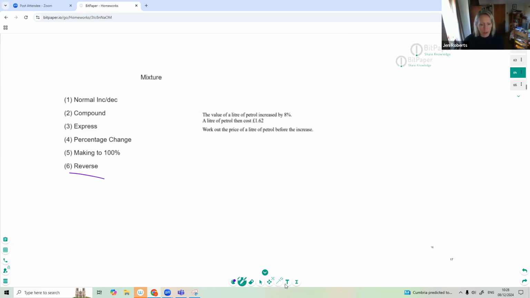So how do we answer one of these types of questions? So we write out our equation first, don't we? X, what was the original amount? We don't know. But if something's been increased by 8%, what's the multiplier? 100% plus 8% is 108%. What's that as a decimal? 1.08. So we know that the original amount times 1.08 equals £1.62.